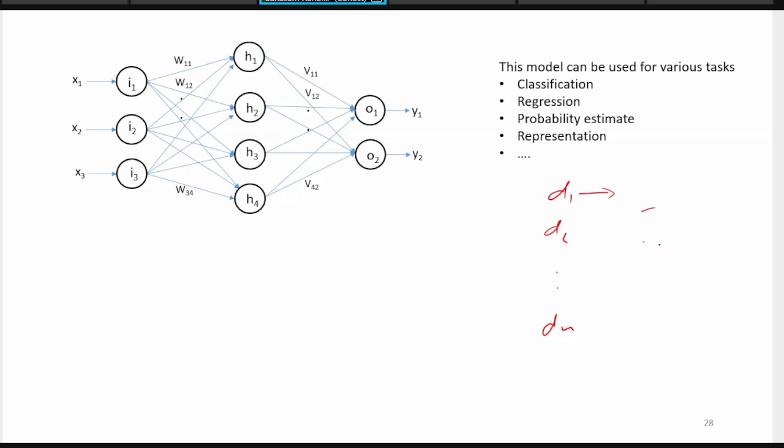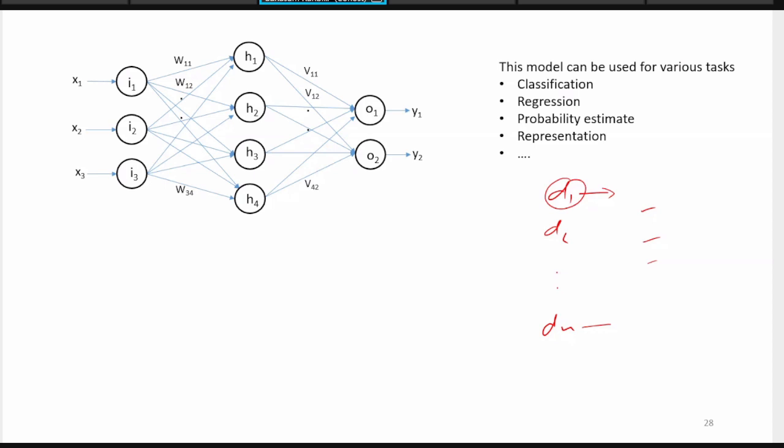Likewise, if you keep on changing, when you have DN, you will have new values of this W matrix when you give D1 for the second time. So the W is going to keep on changing, right? So you are going to get different values, but more converging towards lower error.